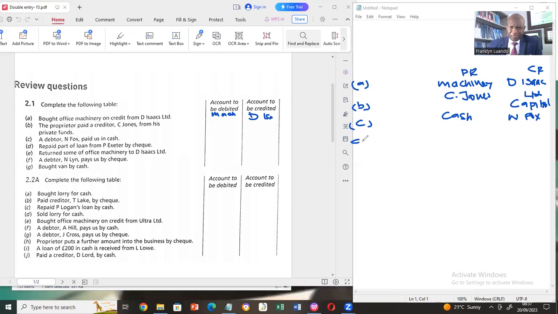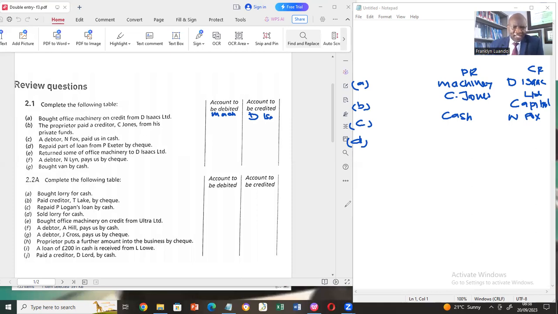Then D. Repaid part of the loan from P. by check. Who is receiving?